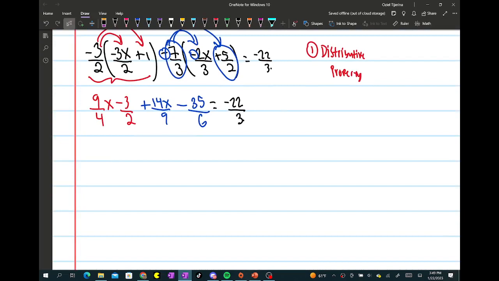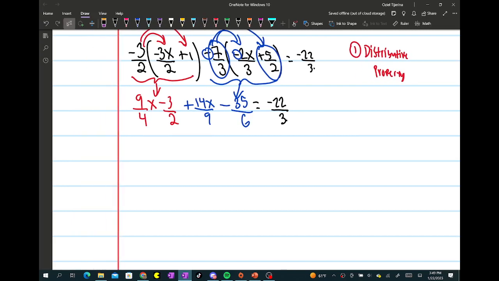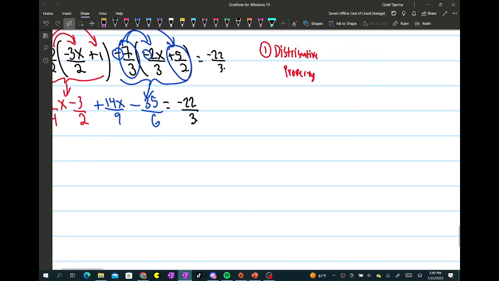Now, we do distributive property on both of these, right? Which is exactly what we did, right? This is what we came up with for this one, and for this one, we came up with this, right? So now our goal is to combine like terms, and that is going to be the third step.